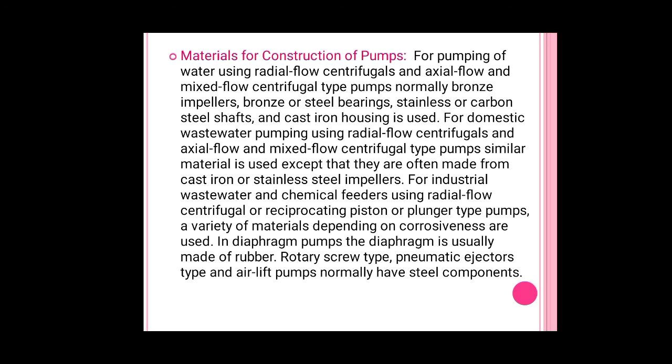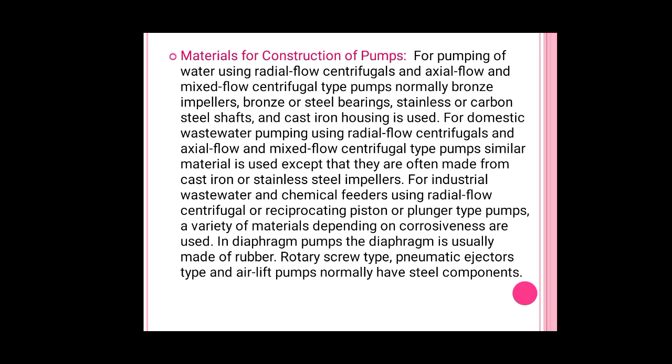Then next is the material for the construction of pumps. For pumping of water, use the radial flow centrifugal and axial flow or mixed flow centrifugal type pumps. Normally use a bronze impeller, bronze or steel bearings, stainless steel or carbon steel shaft, and cast iron housing.